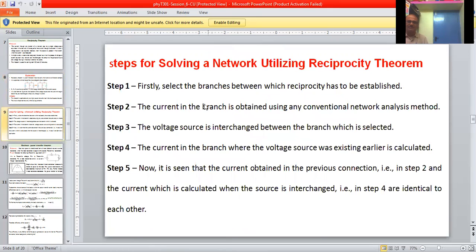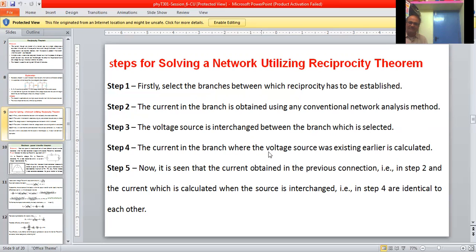These are the steps for solving a network utilizing the reciprocity theorem. Firstly, select the branches between which reciprocity has to be established. The current in the branch is obtained by using conventional network analysis, or simply you can calculate the current, or you can measure the current with the help of any device like a meter. The voltage source is interchanged between the branches which are selected.